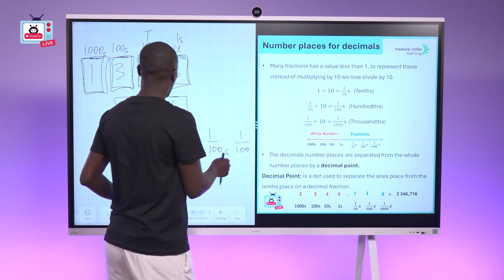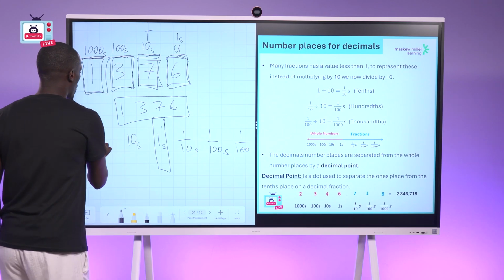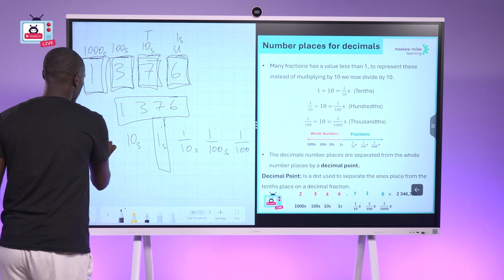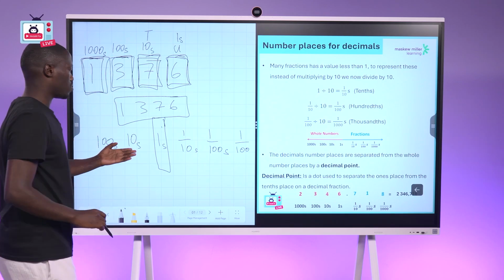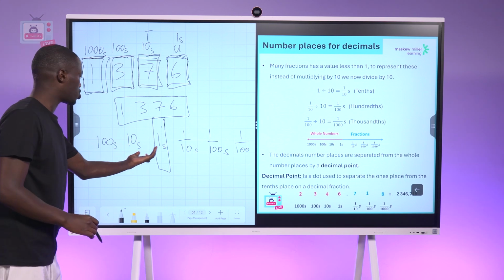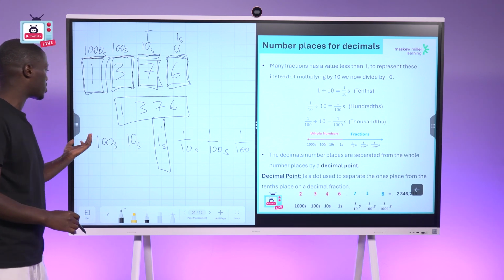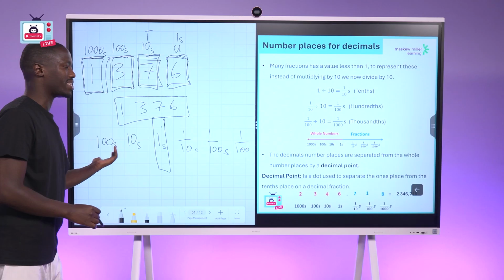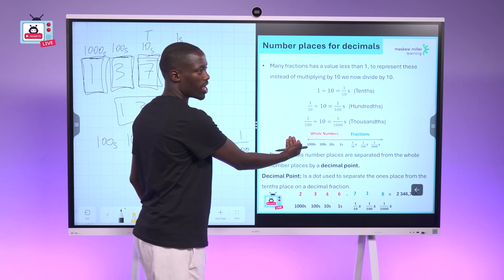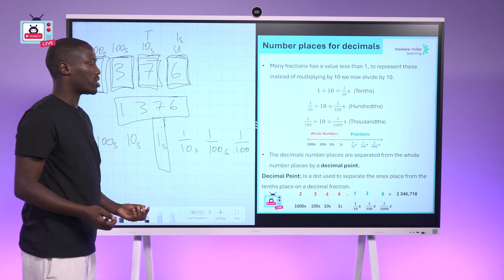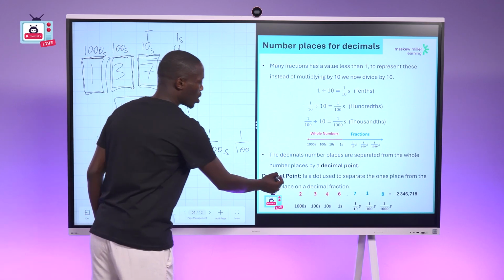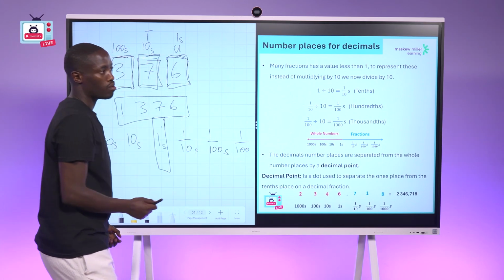Now, what separates the whole numbers, the number places for whole numbers, which is 1, tens, and hundreds, from the decimal parts? What separates them from the decimal parts, we use what we call the decimal point.